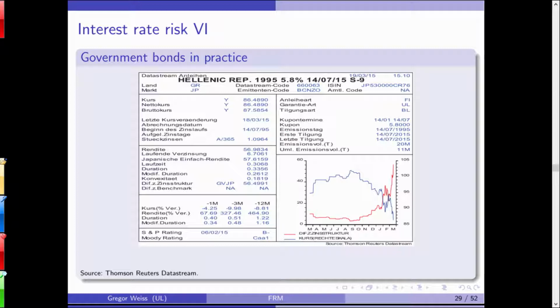But then prices fell to almost 85. So you only had to pay 85 euros to get a payment of 105.8 at maturity. And you can see that the prices of this bond decreased a lot given the euro crisis.